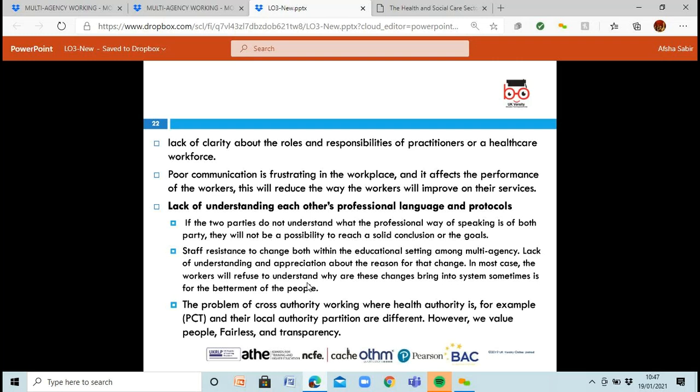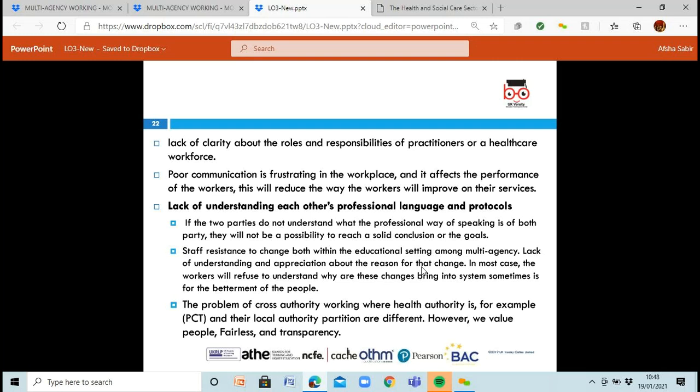You're not sure about how your performance is doing, how the other person's performance is doing, or the other agency. So maybe there's a lack of care that's going to be given there. And then again, not understanding each other's professional languages and protocol. So if you don't understand the jargon, like I was saying earlier, you're both going to be confused.